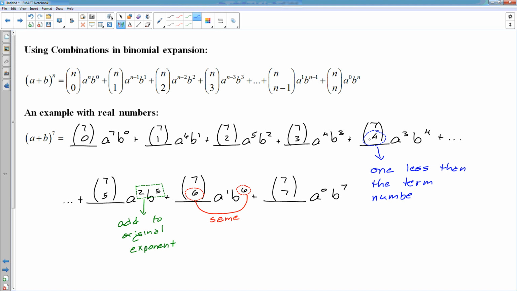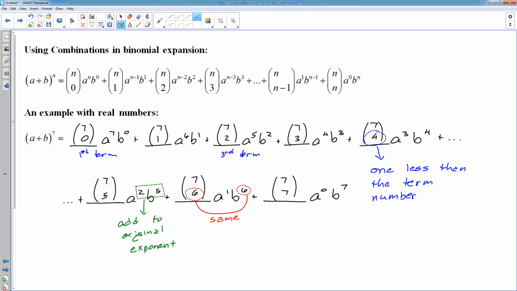What I mean by that is, this is my first term, and the number on bottom was 0. That's 1 less than the term number. This is my third term, and my number on bottom is 2. It's 1 less than the term number. 1, 2, 3, 4, 5, 6. This is my sixth term, and the number on bottom is 5. So that's what I mean by 1 less than the term number.